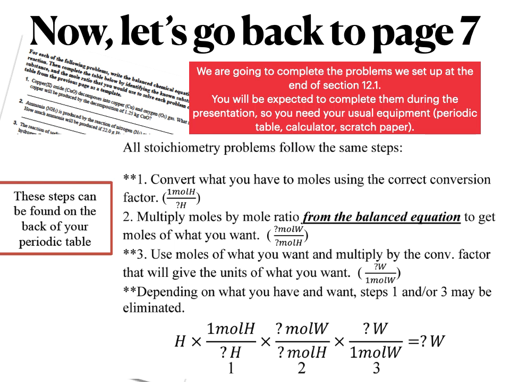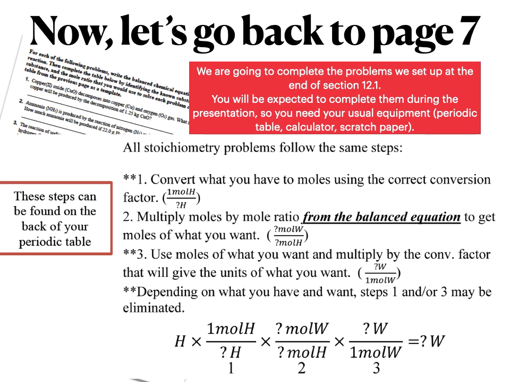If I wanted moles, I wouldn't have to do step 3, which is taking the answer from step 2 and multiplying it by a new conversion factor that will give us the units that we want. So I have the steps listed here. H times 1 mole over whatever the units are for H, and then you multiply by the mole ratio of what you want over what you have, and the last step you multiply by whatever unit you want per mole.